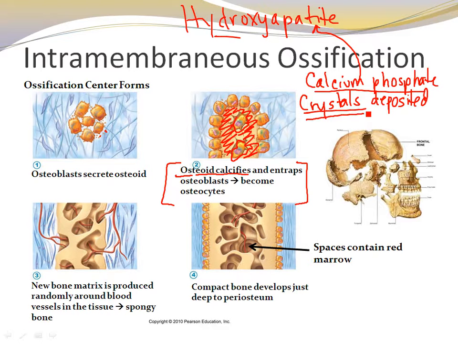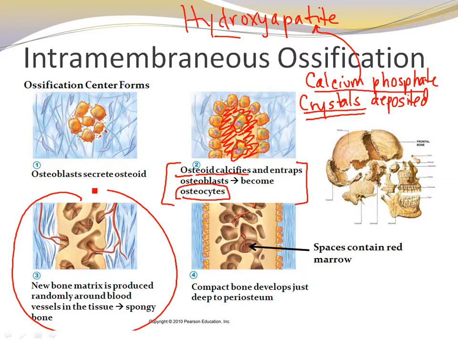There are other types of minerals in bone as well: magnesium, potassium, bicarbonate, etc. But calcium phosphate is the predominant type of mineral crystal that's located in the bony matrix. Those cells entrap themselves, and remember I mentioned once they do that they become osteocytes, and their job is now to maintain the bony matrix. Now on this part of the diagram, they're zooming out further, and they're showing you this spongy bone that's being developed through there.